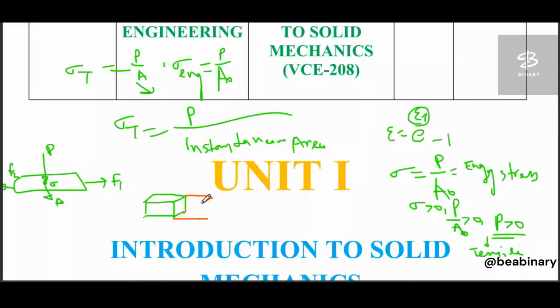This is the cross-sectional area, and we make the stress distribution in this manner. Here load P is applied. Tensile force, external force applied. So here the load is applied as a tensile force. Just see the diagram.